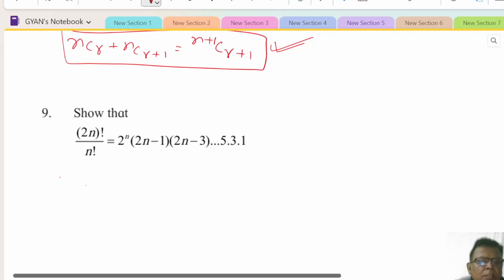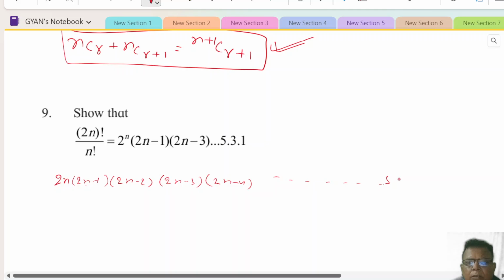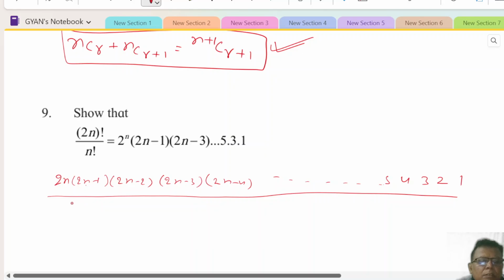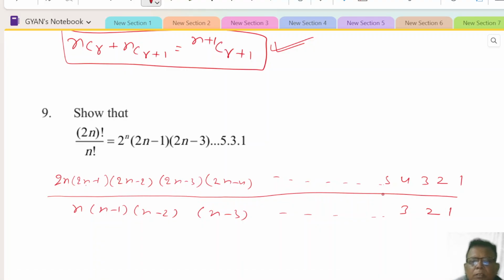So here you can write left hand side: 2n, 2n minus 1, 2n minus 2, 2n minus 3, 2n minus 4, down to 5, 4, 3, 2 into 1, divided by n into n minus 1 into n minus 2 into n minus 3, down to 3, 2, 1.